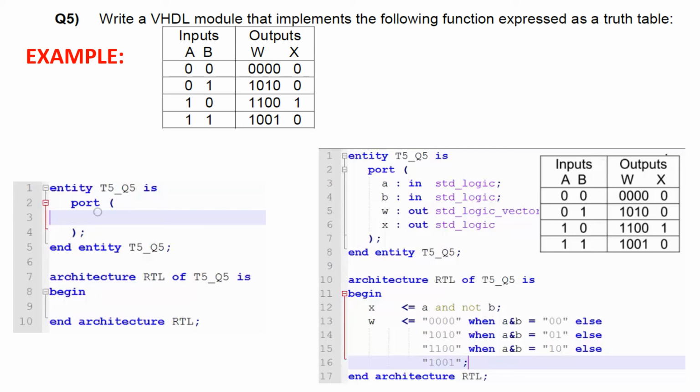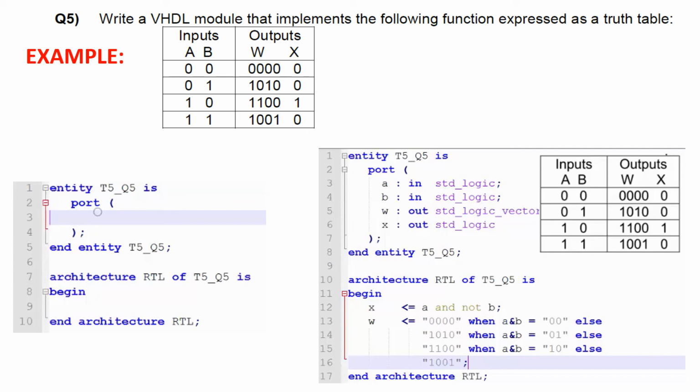Here it's written X equals A and not B. Why A and not B? If you AND A with not B, then you will get X. That's how it's written, but you can find any kind of relationship similar to this. A is 0 0 1 1 and B is 0 1 0 1, but if you take B prime, that will be not B, right? Then AND together, and you'll get this one.